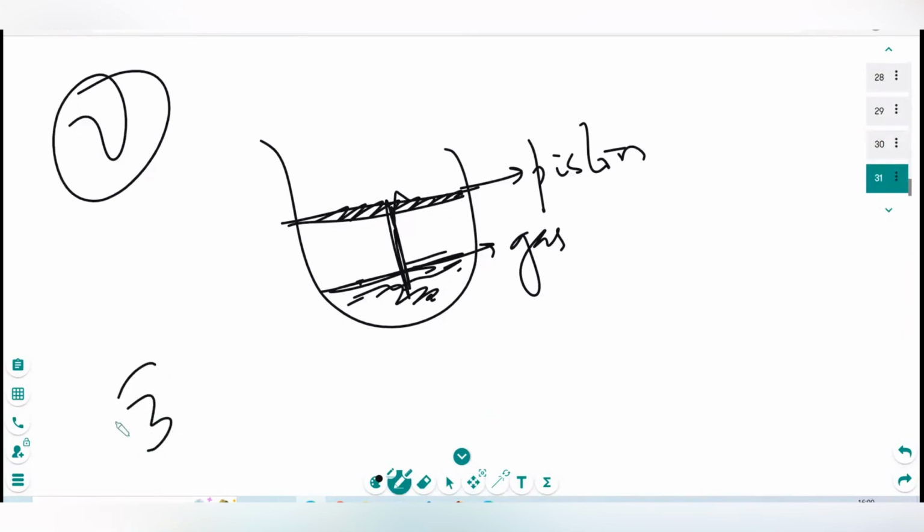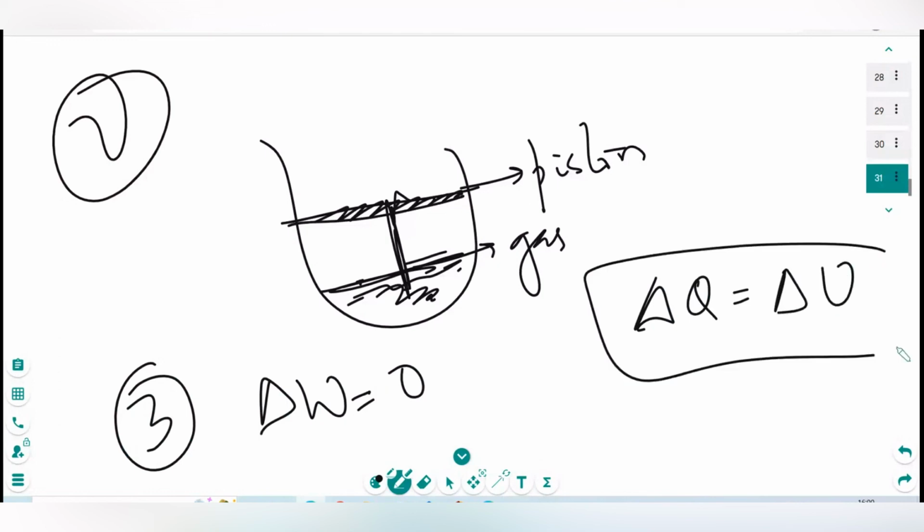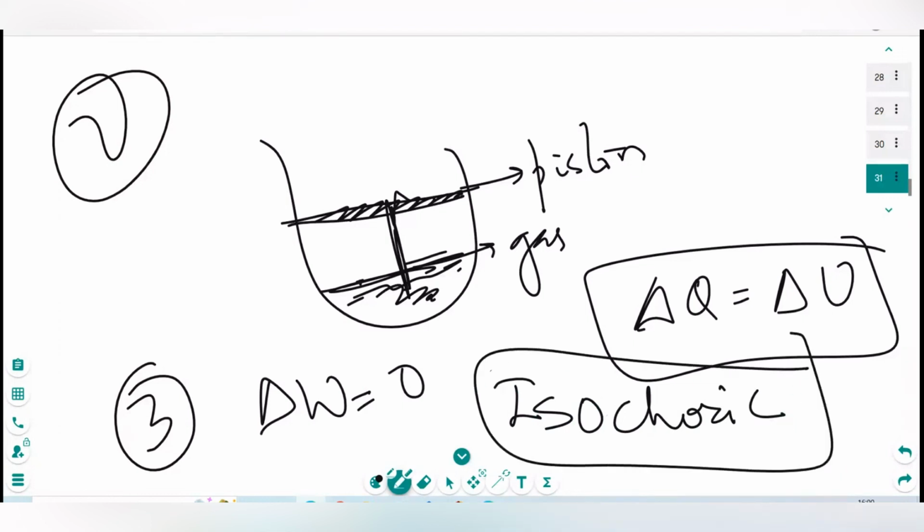Number 3 is when your work done is 0. That means Q is equal to the change in internal energy. This kind of process is called, yes, Swapnim? Isothermal. Isochoric. Oh, isochoric. Okay. Work done is 0. Why?